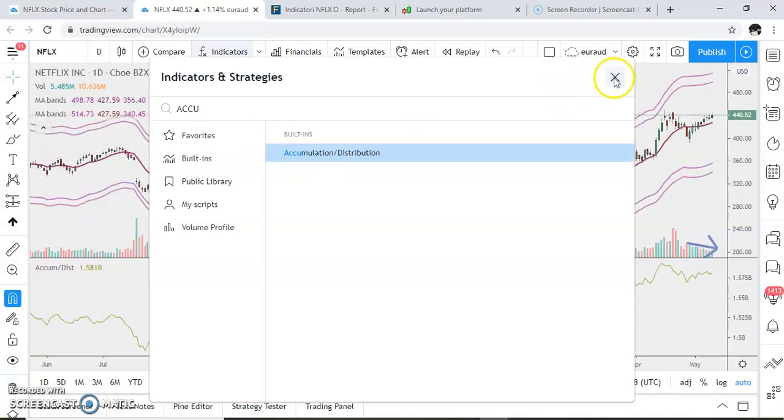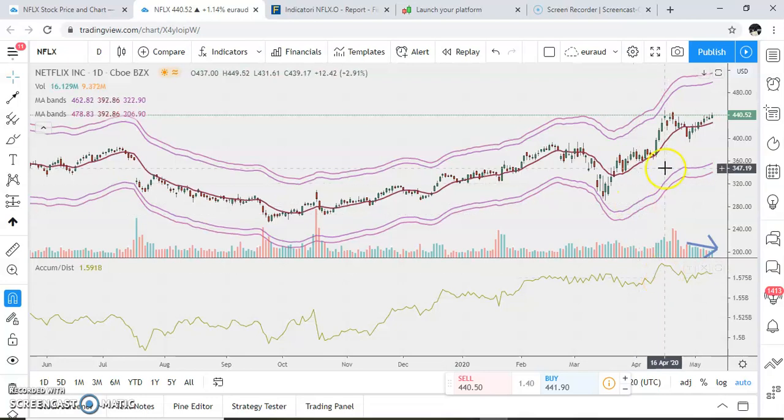The price returned to the relative high around 440 US dollars, yet the accumulation distribution is not at the same level, so there is a bearish divergence. Even the accumulation distribution is telling us that we might see a movement downwards.